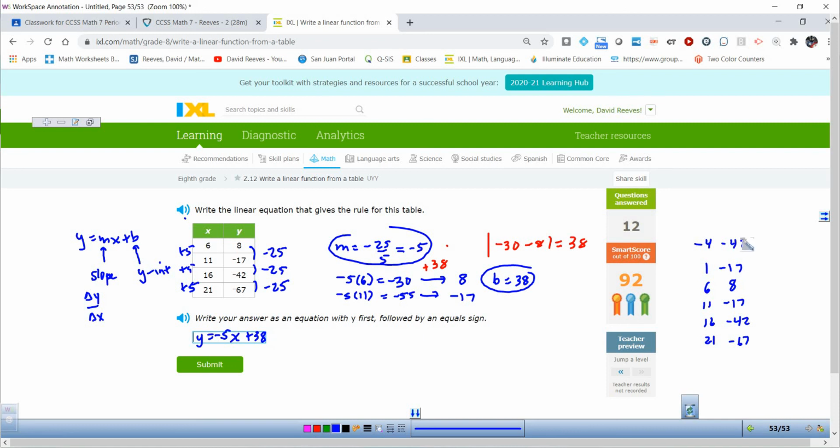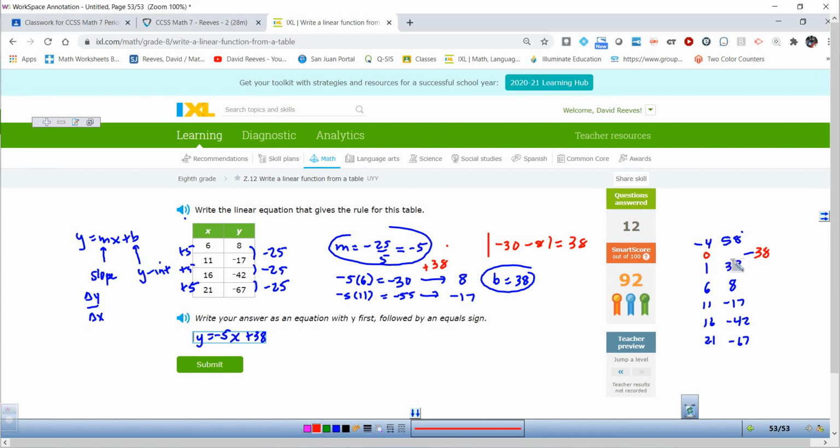Whoops, excuse me, I'm supposed to be going up by 25. Sorry, guys, up by 25. 8 plus 25 would be 33, and 33 plus 25 would be 58. And you'll notice that the answer we wanted, our 38 at 0, is in between those two.